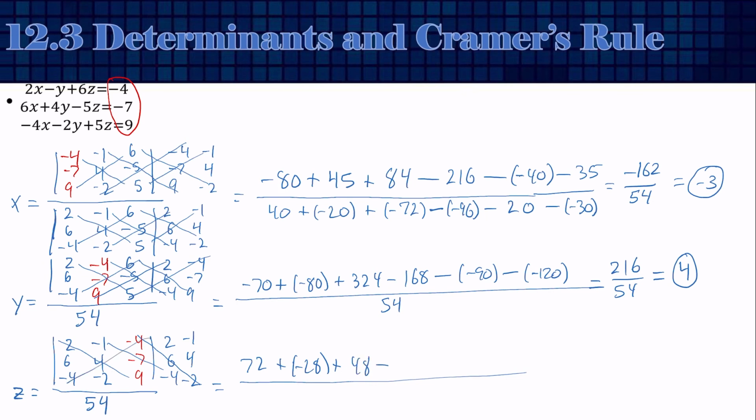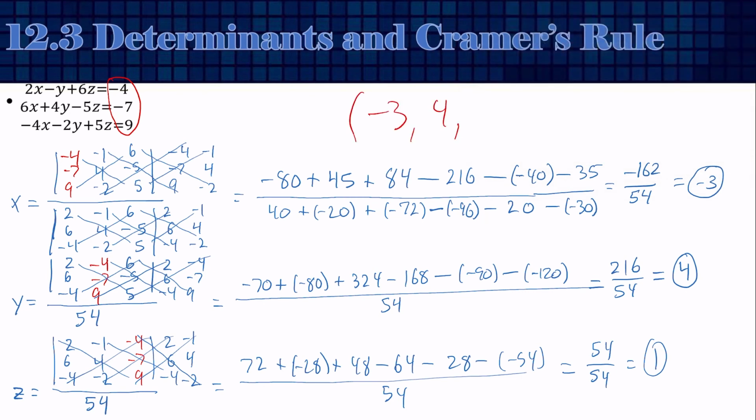Minus, going up, -4 times 4 times -4, minus, going up again, -2 times -7 times 2, 28, minus 9 times 6 times -1, which is -54. The bottom stayed the same, 54. If I add these all together, I have 54 over 54, which is 1. So my answer is -3, 4, 1.